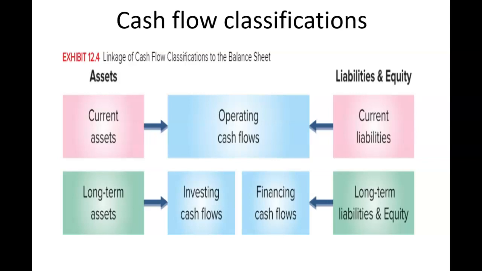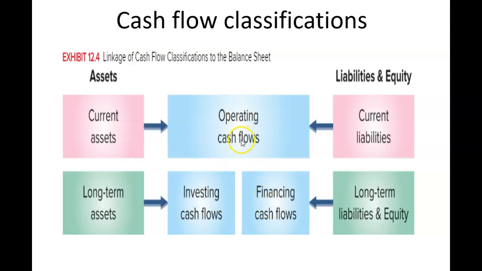The three sections of the cash flow statement are shown in the blue boxes: operating cash flows, investing cash flows, and financing cash flows. This exhibit will help you determine what sources and uses of cash flow into each section in the statement of cash flows.